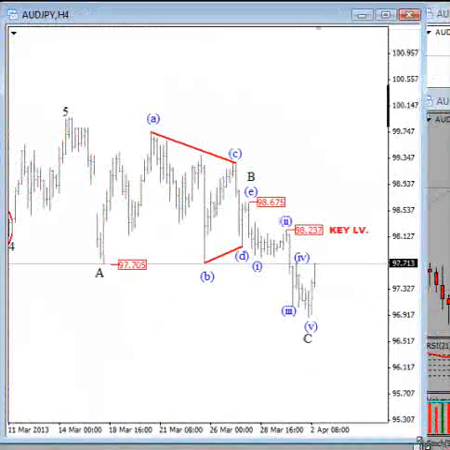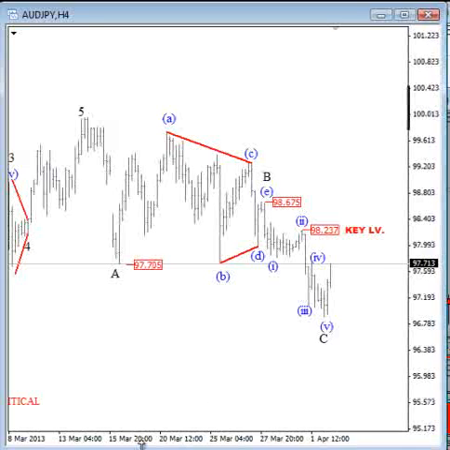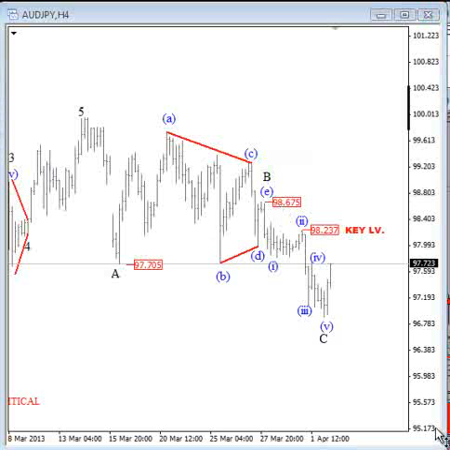Now we will take a look at some Aussie yen wave counts. Here is the Aussie yen 4-hour chart. Last week, if you recall, we were tracking this triangle pattern, but not in a wave B. We were expecting a push higher from a wave 4. However, we didn't get this push above this swing high, so we obviously did not look for any long opportunities here. So we are now tracking a new wave count, which is actually still pointing to higher levels on Aussie yen.